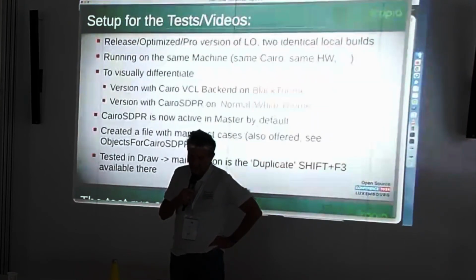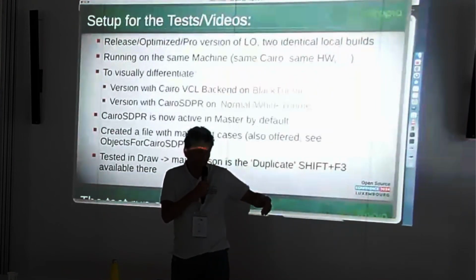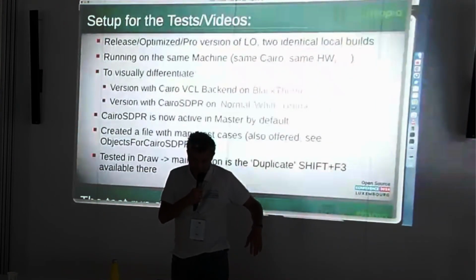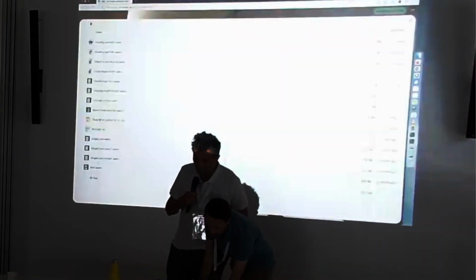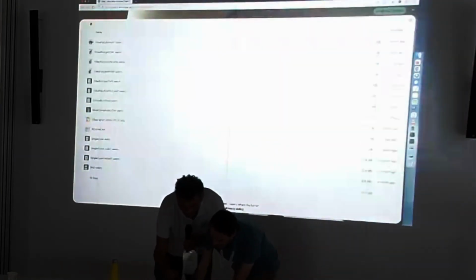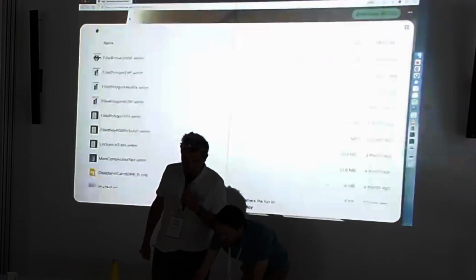So to make it visually comparable, I use black theme on the old stuff and white theme on the new stuff. And now I think we can just show. It's not numerical testing stuff. I talk about that later.